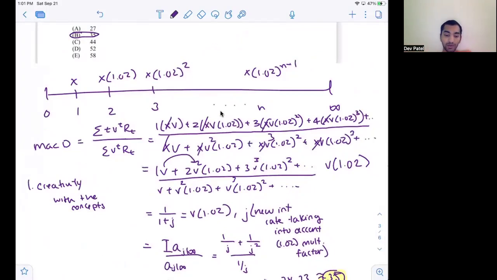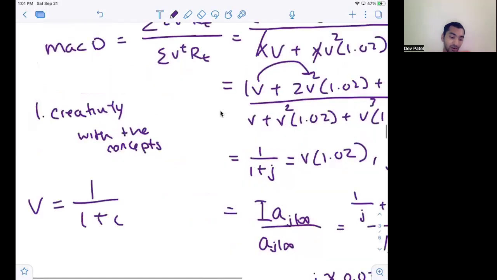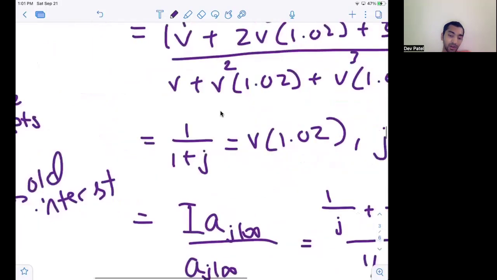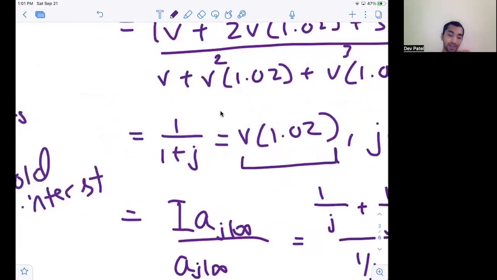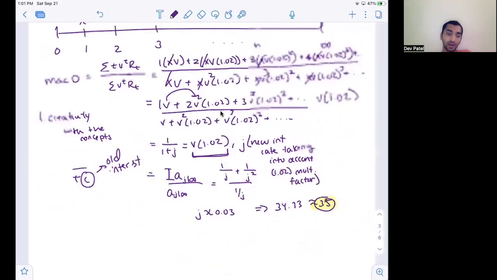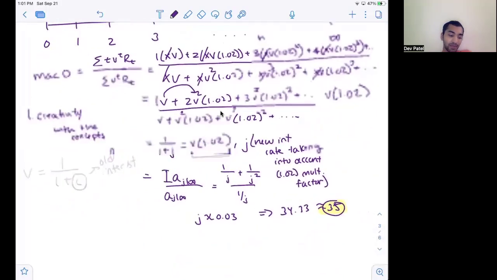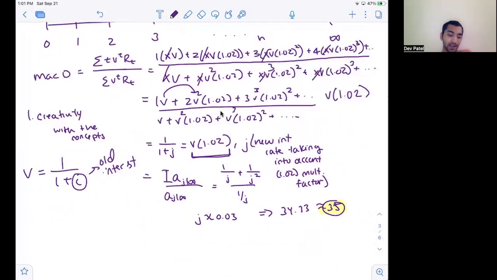But because our common ratio is V times 1.02, we can use this. We know that if it's just V, then it's our old interest rate, but now this is our new common ratio, in the same way that V equals 1 over 1 plus i.